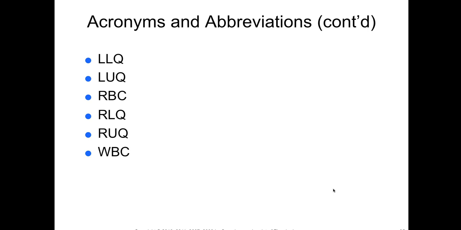RLQ is for right lower quadrant. RUQ means right upper quadrant. And lastly, WBC stands for white blood cell or white blood cell count. So that is it for chapter 5. Please finish up your exercises and show them to me on Monday.